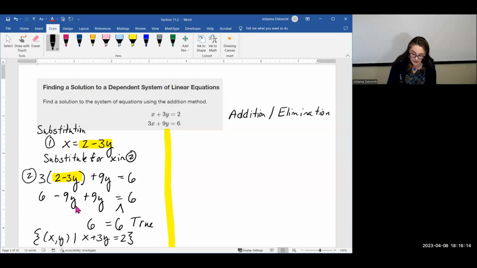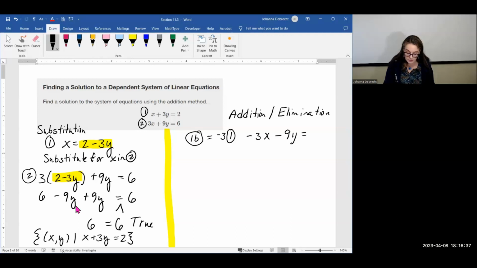So I'm going to create a new problem 1b by taking -3 times the old equation 1, which is this equation right here. So now I'm going to have -3x, -3 times 3y is -9y, and -3 times 2 will give me -6. I'm not going to do anything to the second equation because now they have matching coefficients with opposite signs.